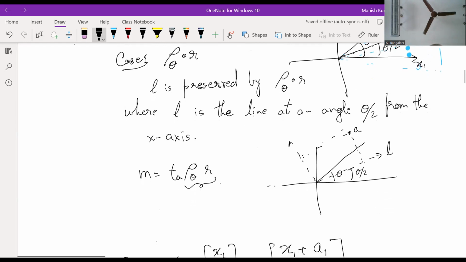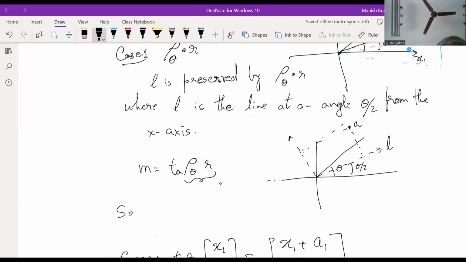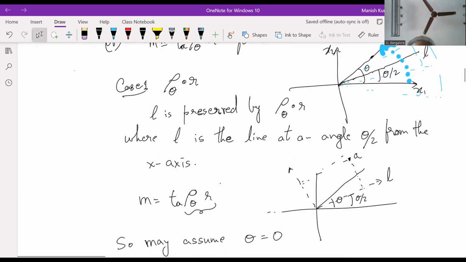So we may assume theta is 0. We are just doing reflection followed by a translation, and we want to show that is either a reflection or a glide reflection. In fact, we will show that it is a glide reflection.